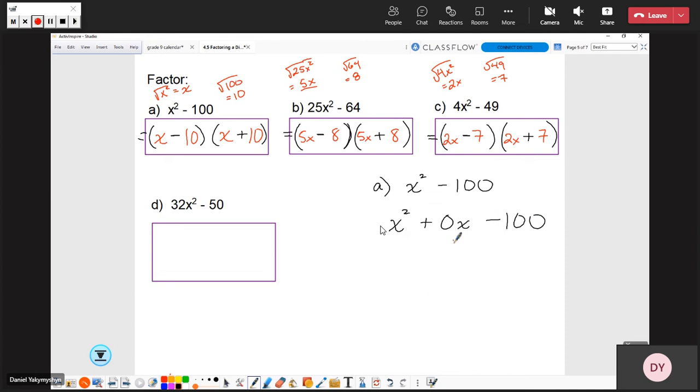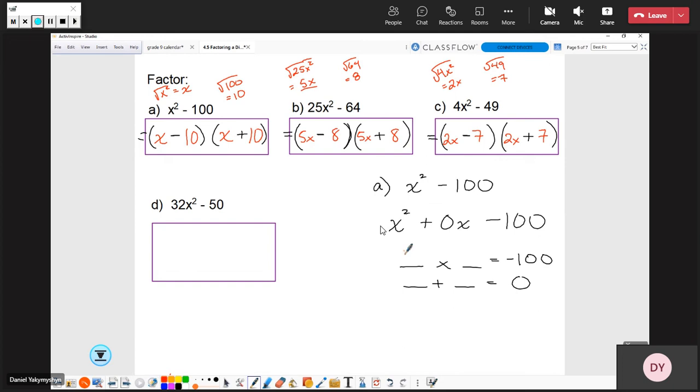Now, this is a simple trinomial. So what we do to factor this is say something times something equals negative 100, something plus something equals 0, right? Now, what are the numbers that satisfy these two statements? Well, they have to add to 0 and multiply to negative 100.